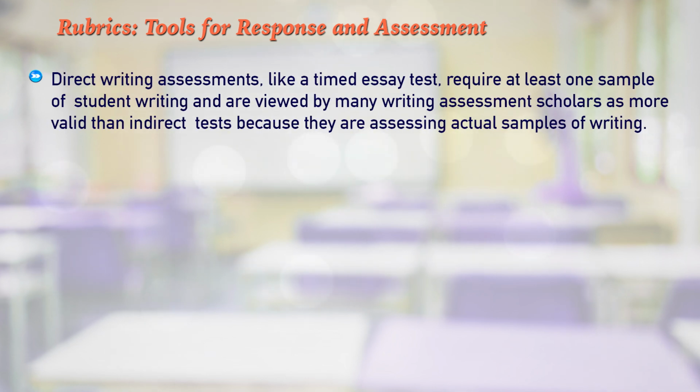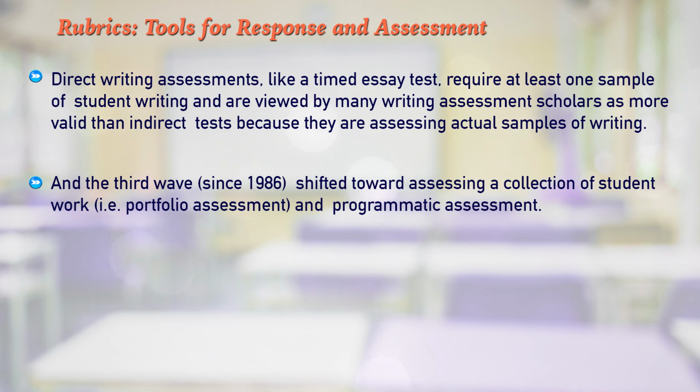Direct writing assessments like a timed essay test require at least one sample of students' writing, and that is viewed by many writing assessment scholars as more valid than the indirect tests because they are assessing actual samples of writing, right? And the third wave since 1986 shifted towards assessing a collection of students' works, that is, portfolio assessment and programmatic assessment.